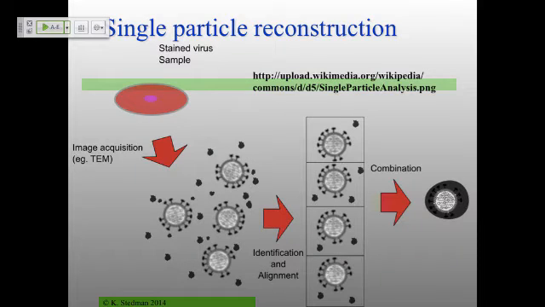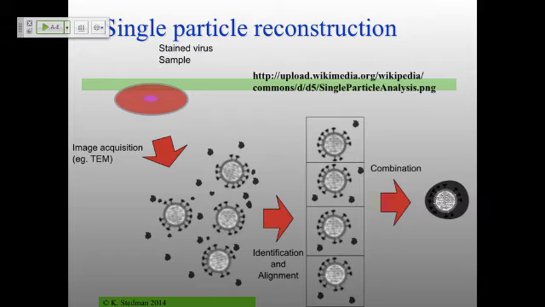So let's look at single-particle reconstruction. This is your classic cryo-electron microscopy process, the red blob at the top. You take a picture, and that picture will have many, many of these virions in it in lots of different orientations.